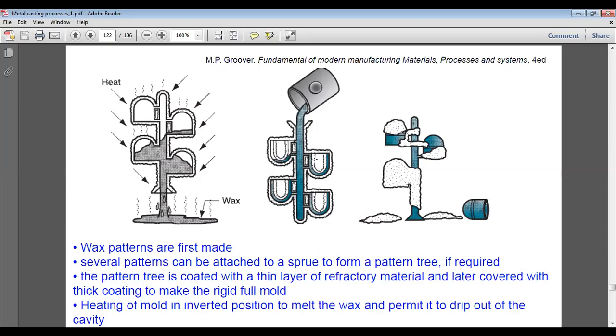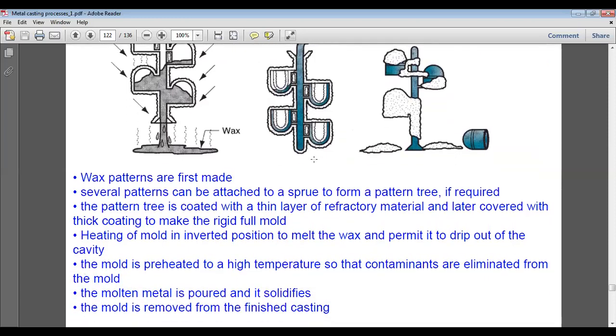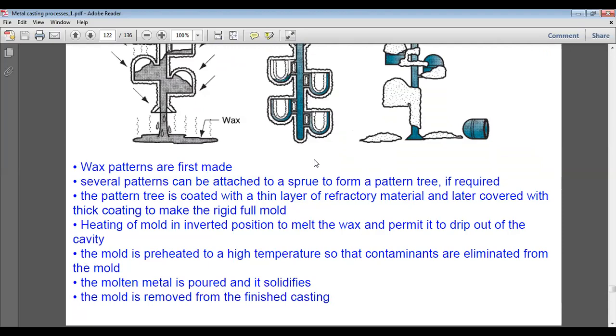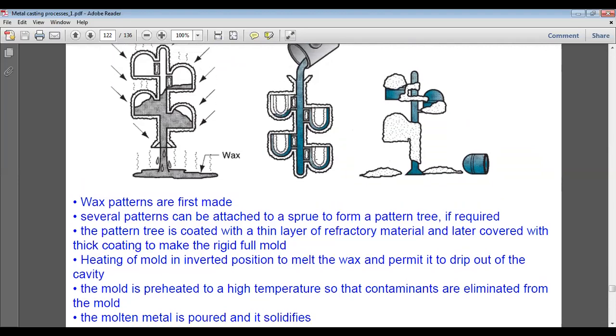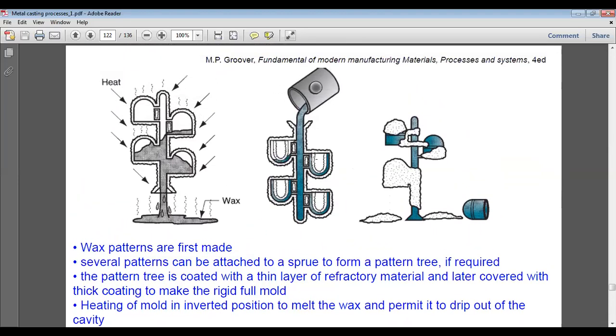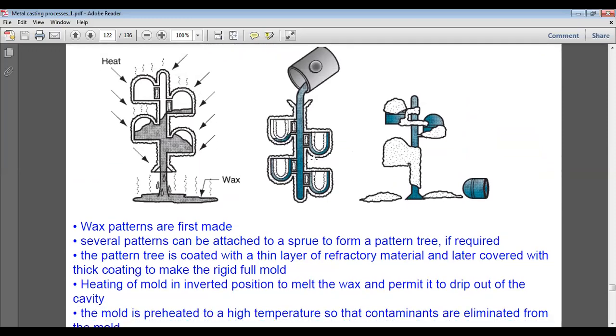So in this process, the wax pattern is also lost and the pattern is not recovered. This is the process of lost wax molding or casting. I told you two or three things at the start of this process: this wax has quite enough flowability, so we can see that wax flows out smoothly.